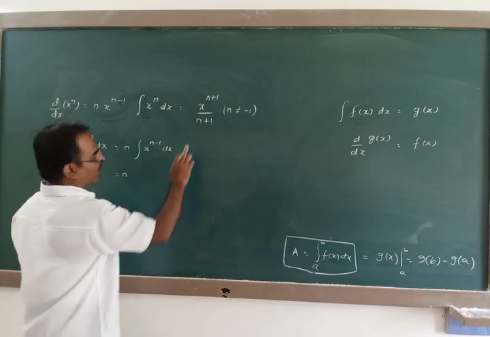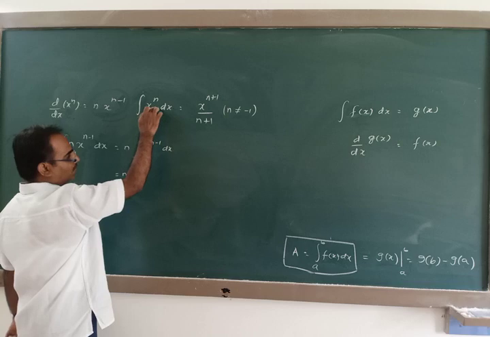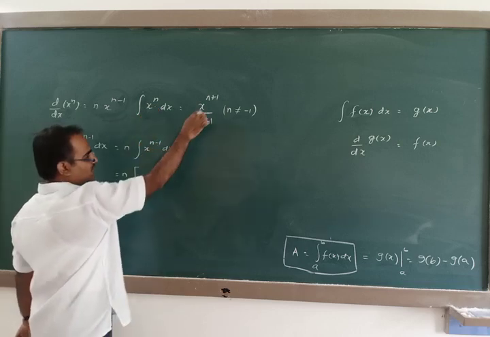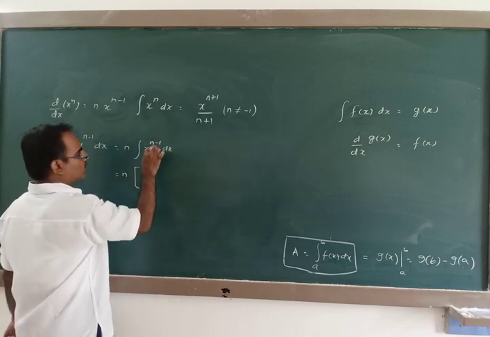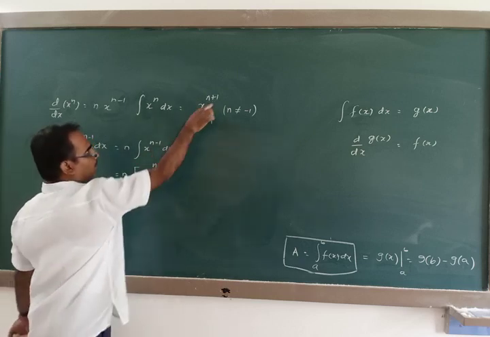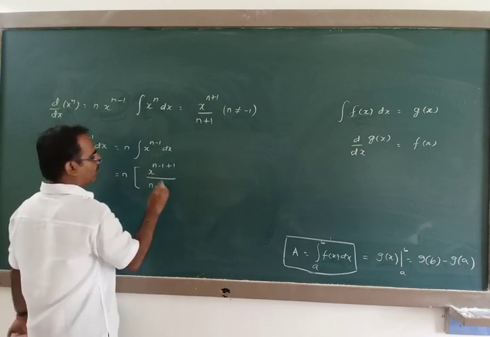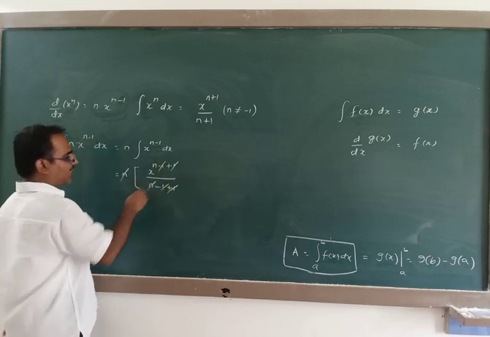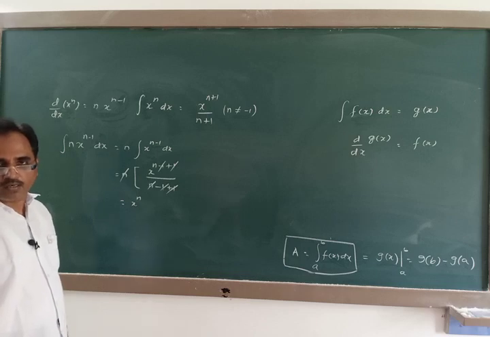According to this formula, integral of x to the power of n dx is x to the power of n plus 1 by n plus 1. If I apply this, it is x to the power of n plus 1 divided by n plus 1, so the n cancels, and you will get x to the power of n.